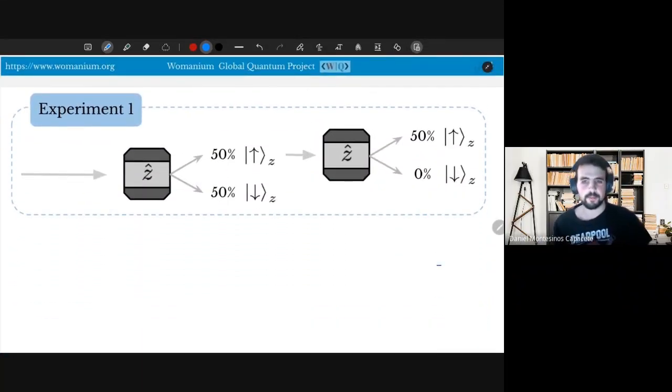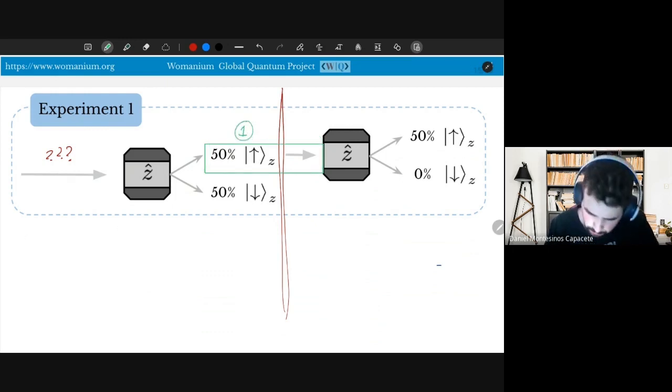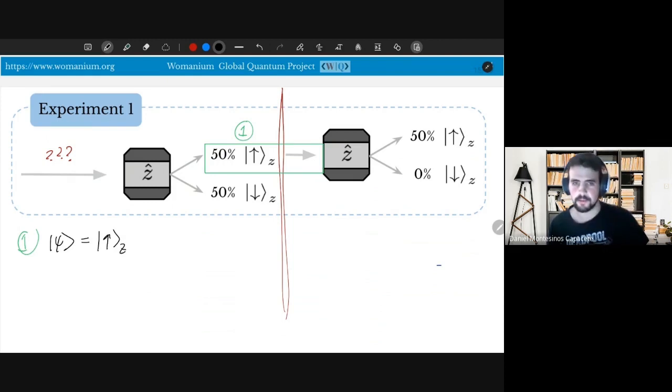All right, we have here experiment one. It was quite easy. We have this first outcome, but remember here we didn't exactly know the state of the system, since it comes from a furnace and it's random. So let's start here. If we take these silver atoms, the state of each silver atom is going to be the up z state.